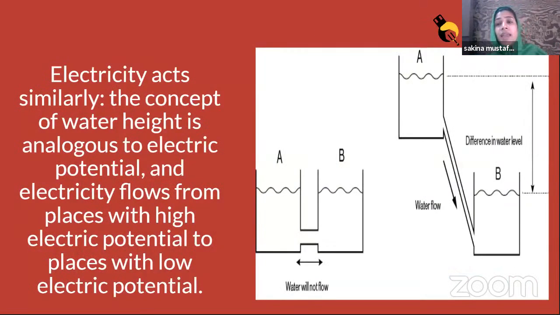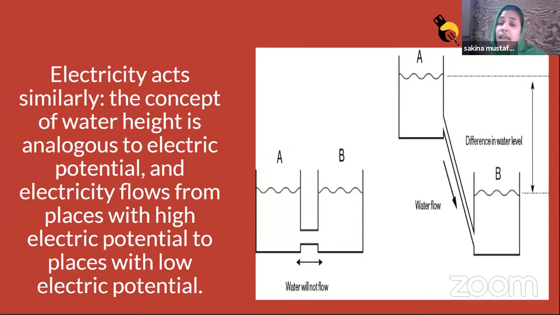Now, I recently went to a waterfall. There, water generally flows from a high level to a lower level. Water will not flow from one side to the other side when they are at the same level. The water generally flows from the higher level to the lower level.